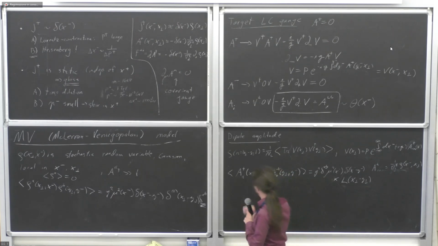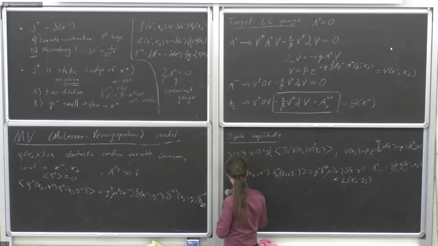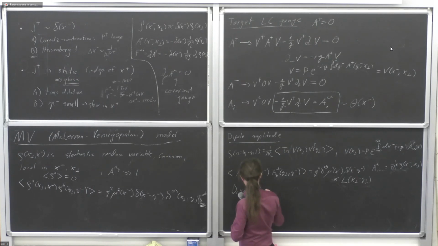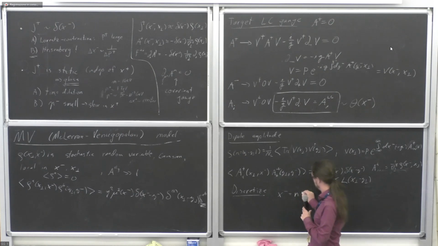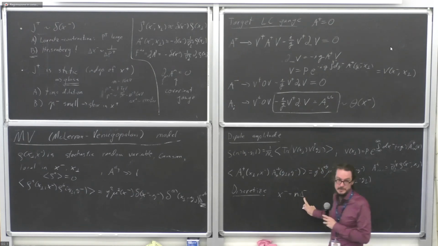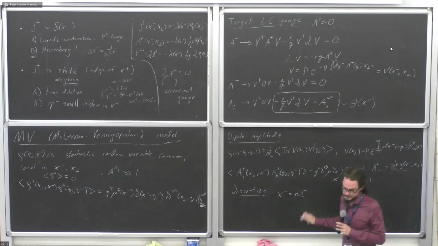So let me discretize, jumping over some intermediate steps. I'm going to say that x minus is some integer number times some delta minus, where delta minus is some infinitesimal parameter.